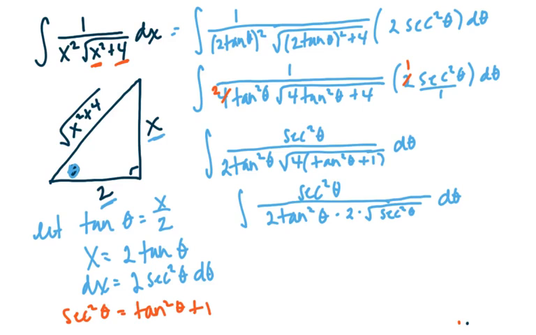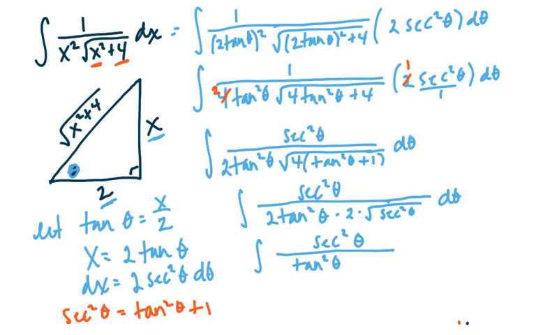So now the square root of secant squared is just secant. So on the top I have secant squared theta. And on the bottom we have 2 tangent squared theta times 2. Guess we could have made that 4. Let me do that.